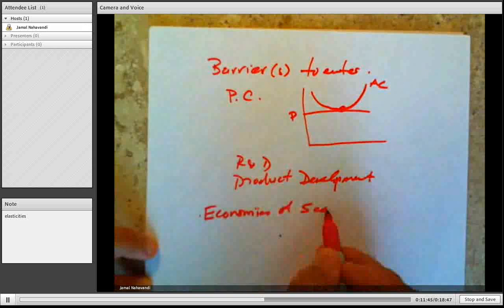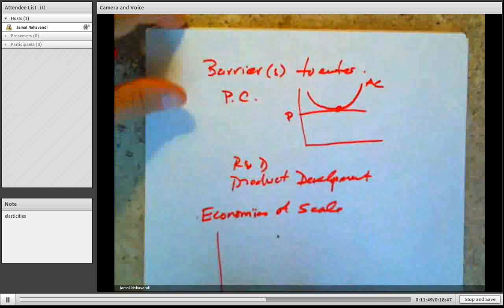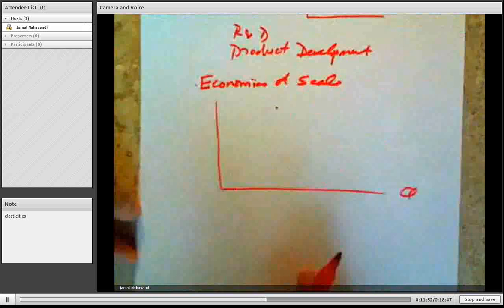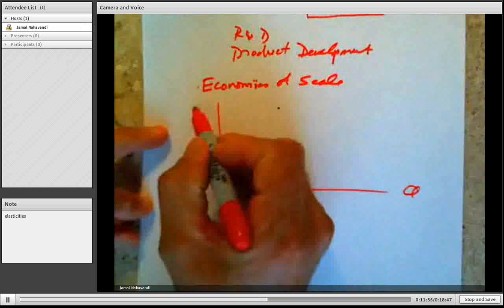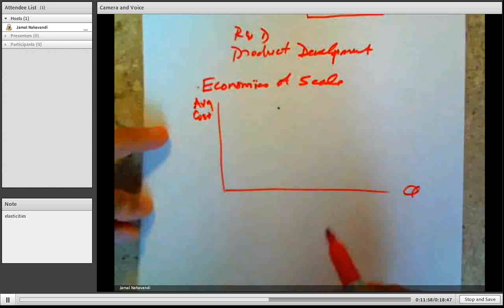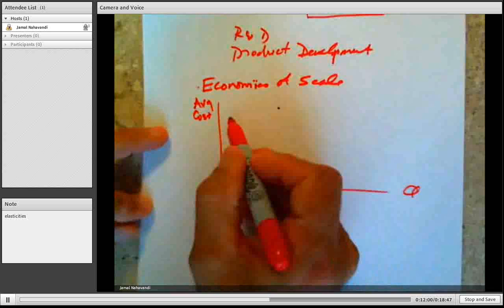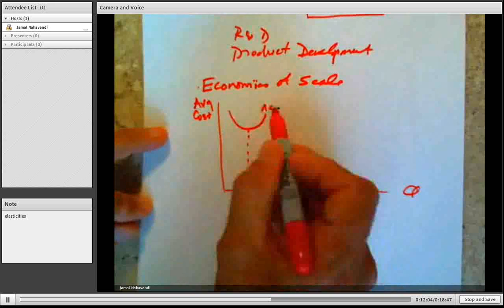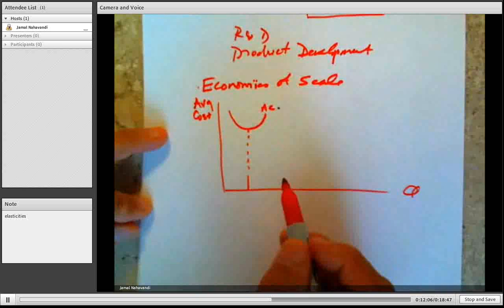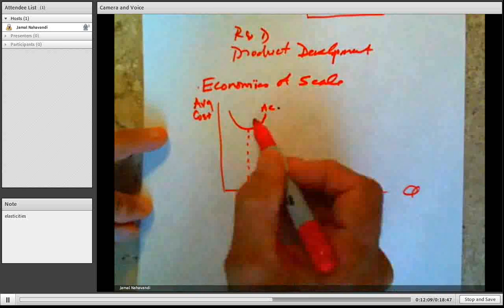And the idea is that if there's a level of output, and this is average cost, firms produce at their lowest average cost. However, by expanding production, they can push the average cost down.